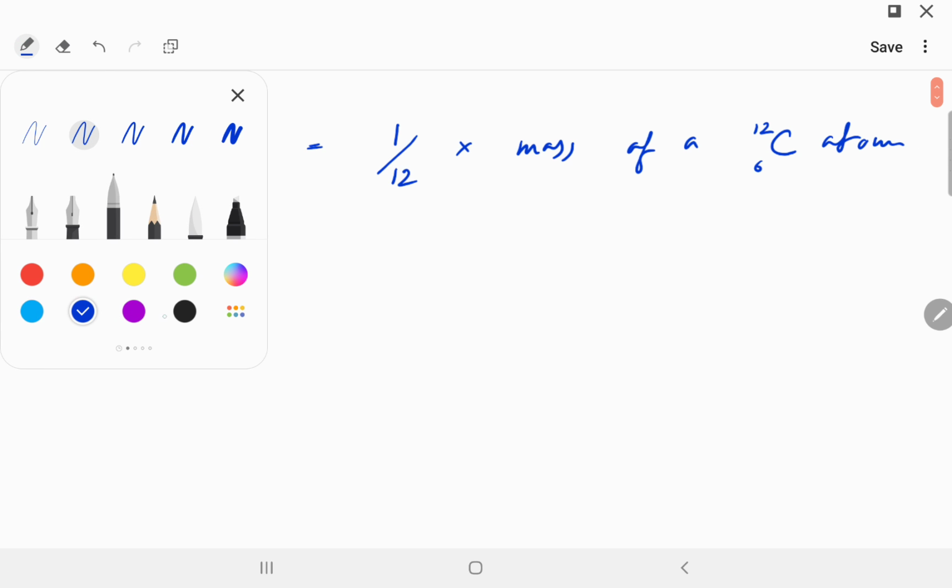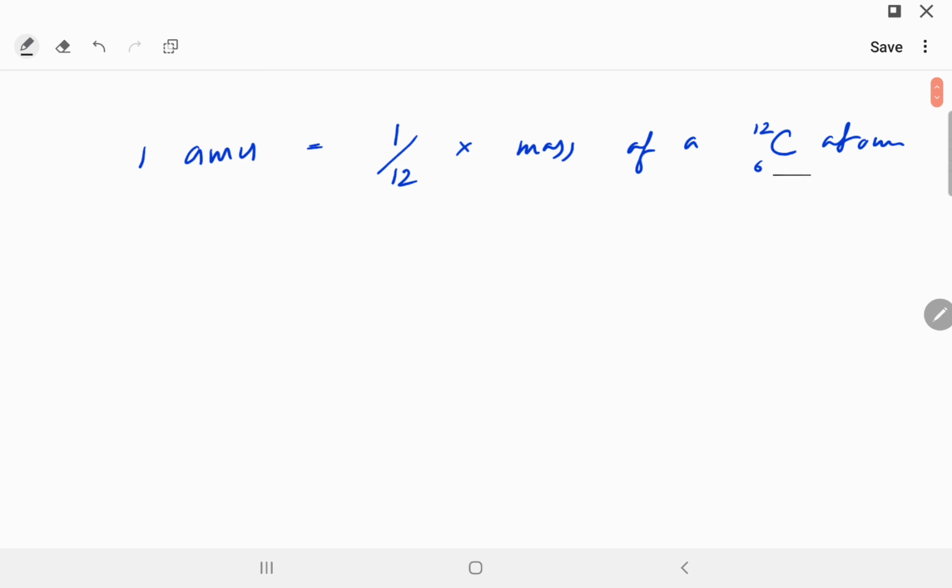Carbon 12 atoms have 6 protons, 6 neutrons, and of course 6 electrons. But the AMU is a mass unit, so we talk about mass. Electron mass is insignificant, so let's scratch it out. So a carbon 12 atom has 6 protons and 6 neutrons.